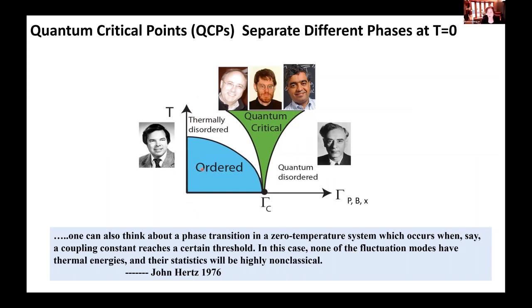I think we know a lot about that kind of phase transition, thanks to the work of Ken Wilson and others. But on the other hand, if we find ourselves in an ordered phase at zero temperature, and we apply a parameter like pressure, field, or composition that has the effect of suppressing the magnetic order, we understand a lot less about how we go from ordered to disordered at zero temperature.